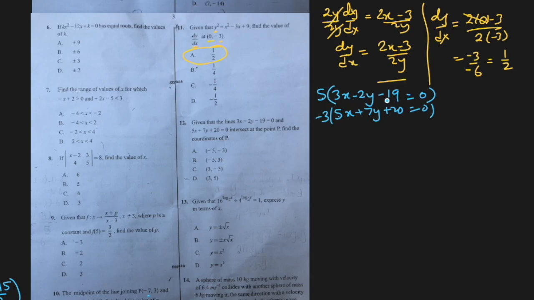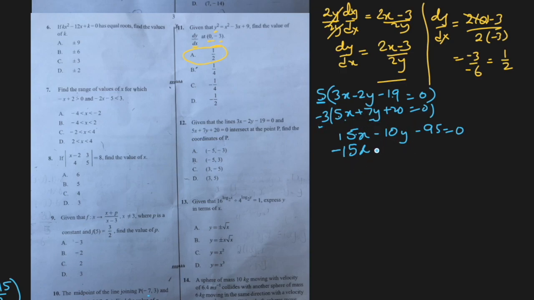So let's write the first one when we multiply with 5. 5 times 3 is 15x, 5 times 2 is 10y, 19 times 5 is 95, equal to 0. Negative 3 times 5 is negative 15, and that was the purpose. We want them to be of opposite signs so that we can add them and they will cancel out.